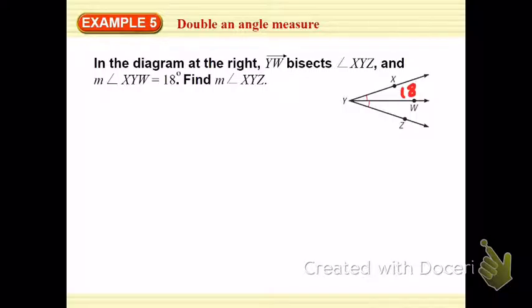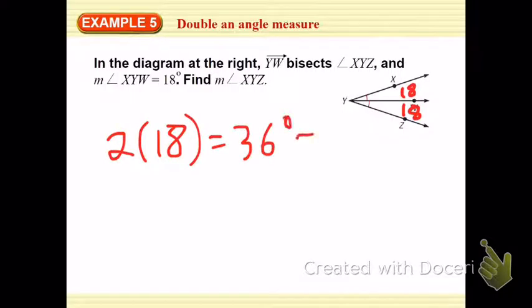What do we know? If that ray bisects that angle. Yes? They're congruent, so their measure is equal, right? So this is 18. So what's the overall angle going to be? XYZ. 36 degrees. Yes. 2 times 18 equals 36 degrees. That equals the measure of angle XYZ. Make sense? Any questions? Okay.